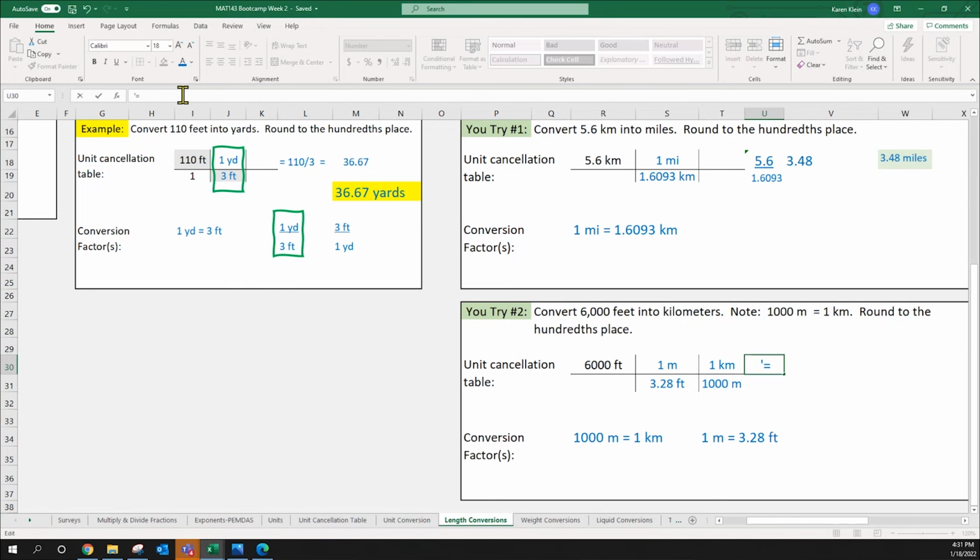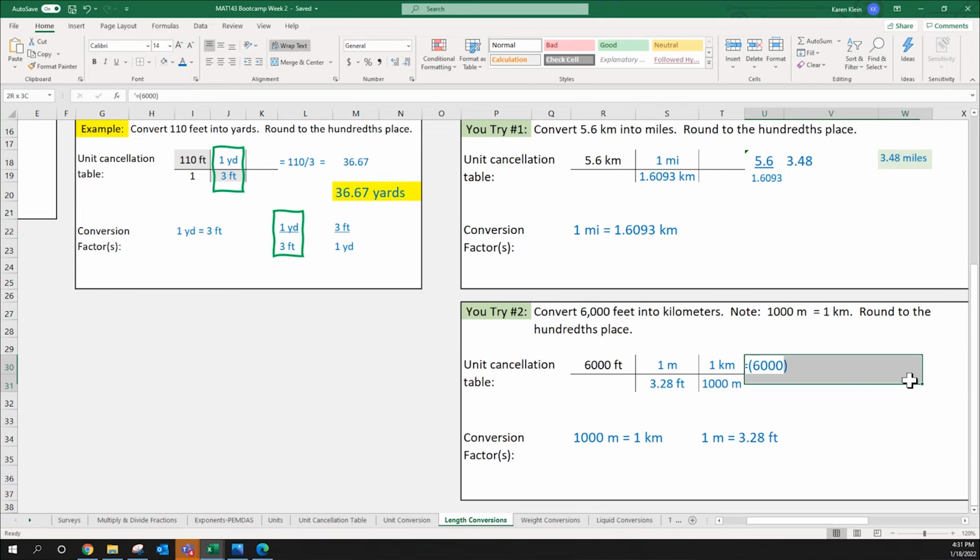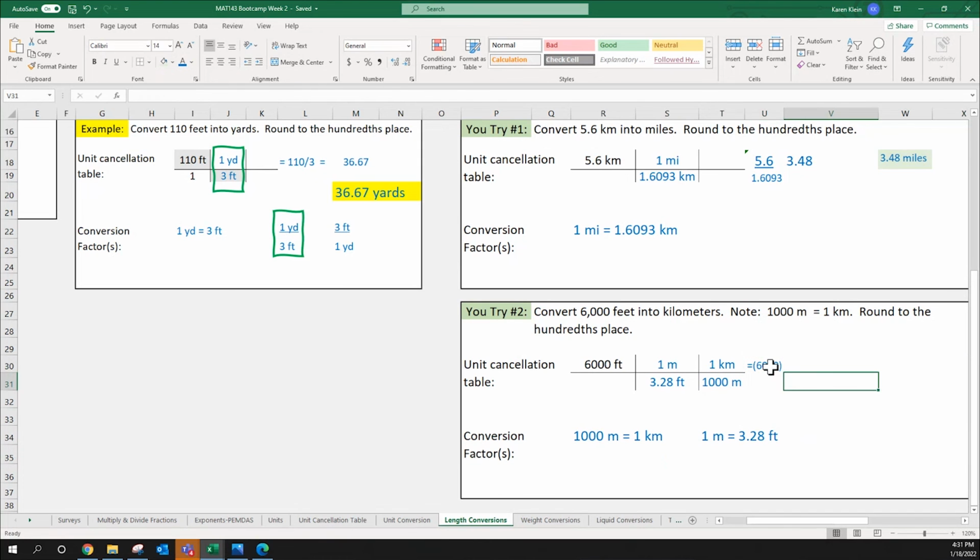In our numerator here, we have 6,000. In my denominator, I have 3.28 times 1,000.